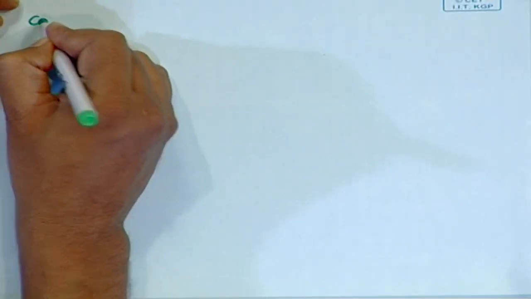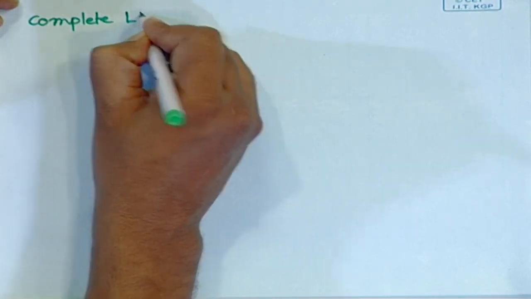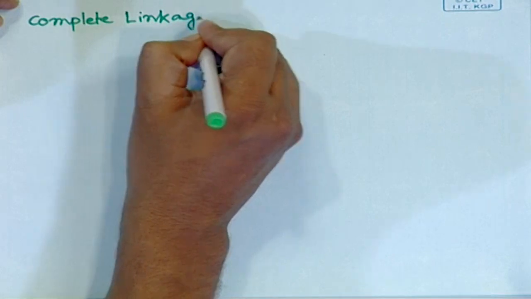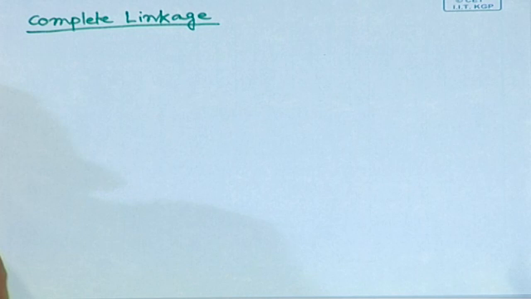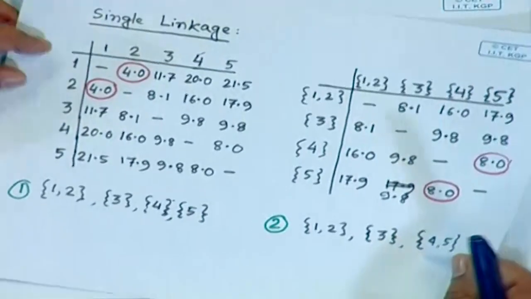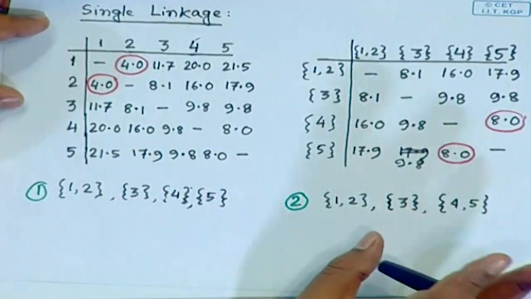If I go for the furthest neighbor or complete linkage algorithm, then let us see what kind of result we are going to get. So, if I go for complete linkage algorithm, your step 1 will remain the same, because I will have the same sort of distance values for every pair of feature vectors.